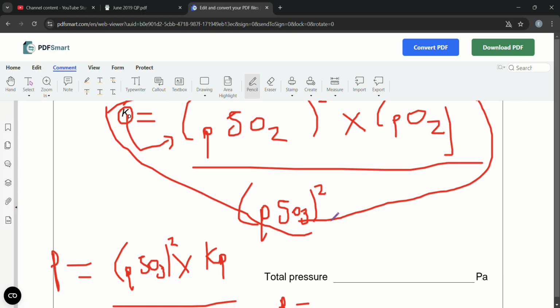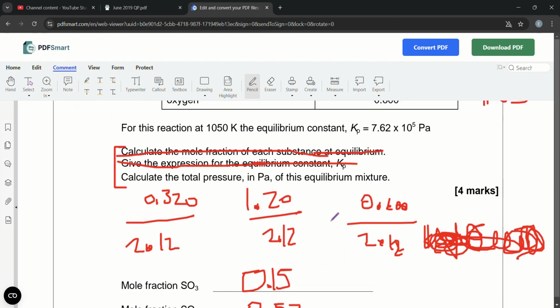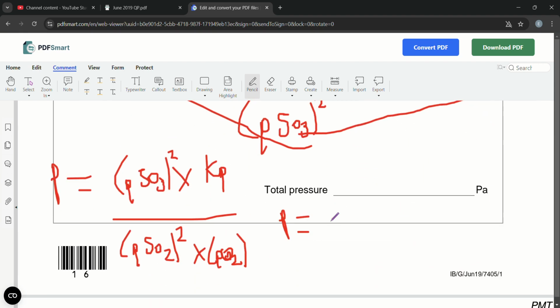So let's put the values in our calculator. 7.62 times 10 to the power of 5 times the mole fraction of SO3 squared.